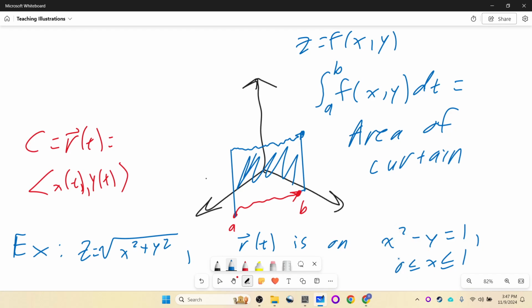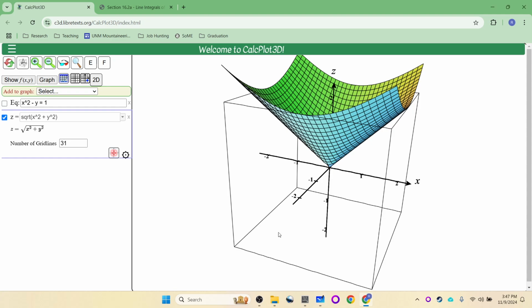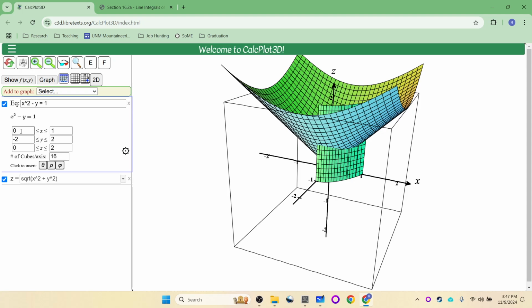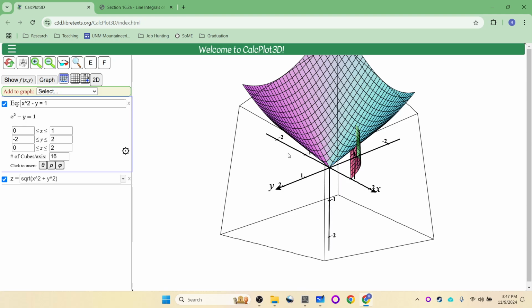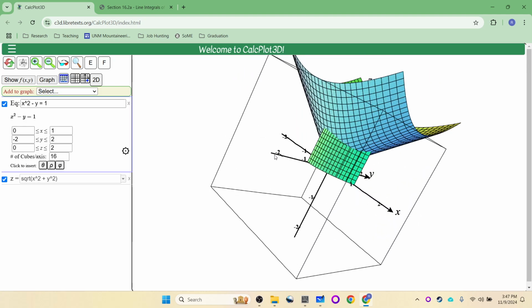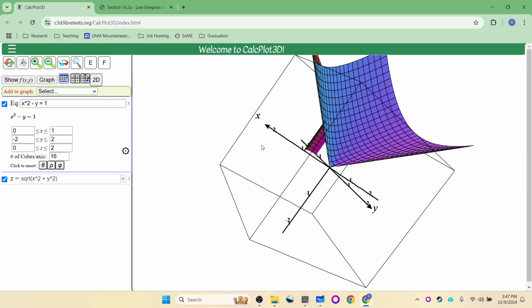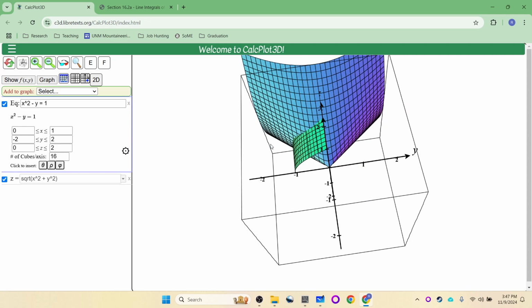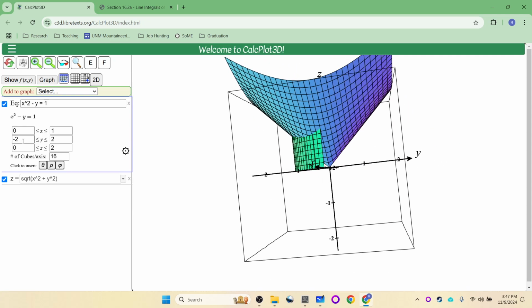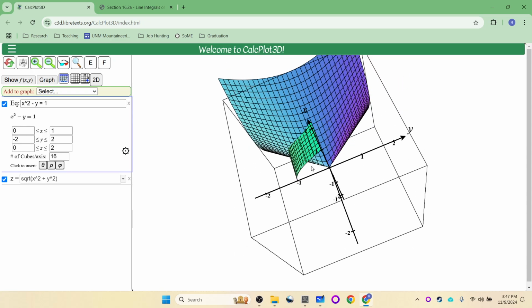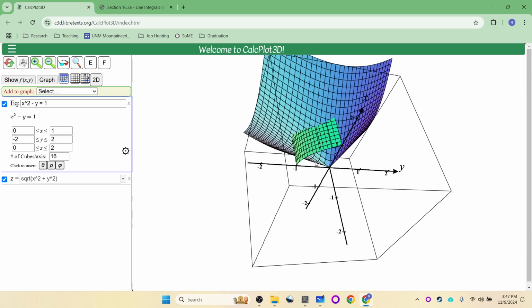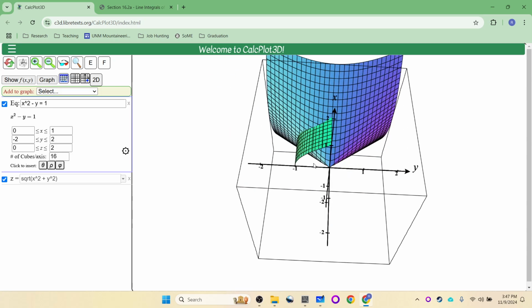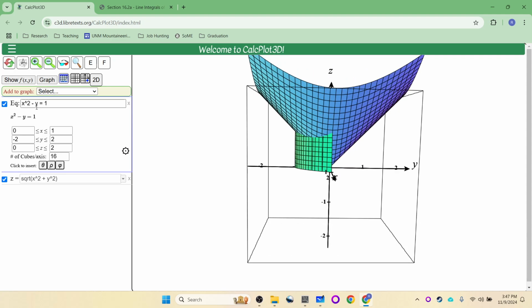But for now, let's just look at the picture here. So x squared minus y equals 1. So here's x squared minus y equals 1. I'll turn that on. And I'll say x goes from 0 to 1. So what this tells me is if we plot this out, we get this little curtain here. And I had it set so z starts at 0. That's why it's not going below the x-axis. x goes from 0 to 1, because if x is 0, then y is 1.